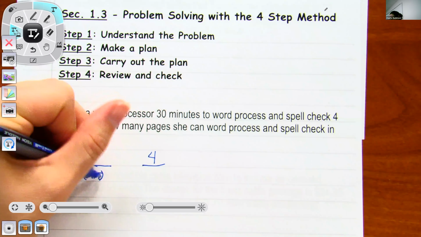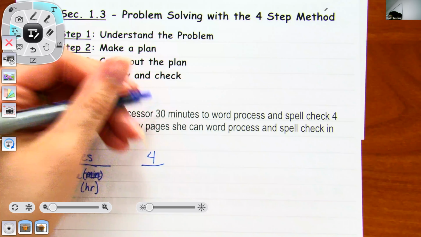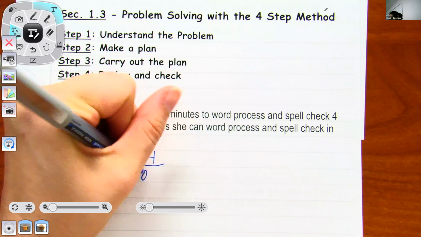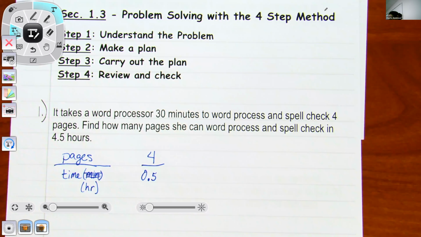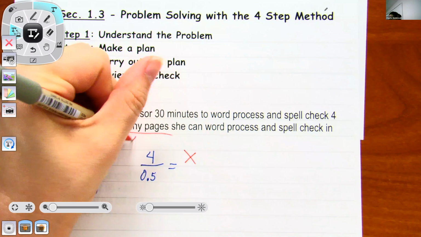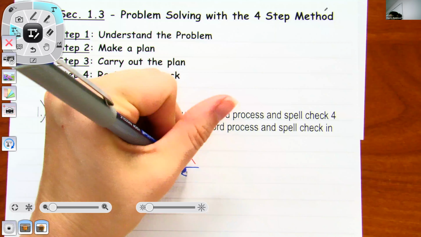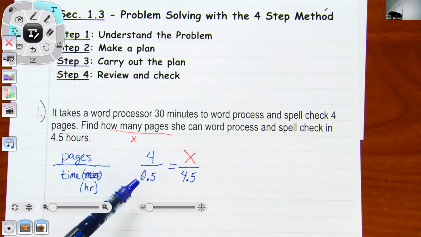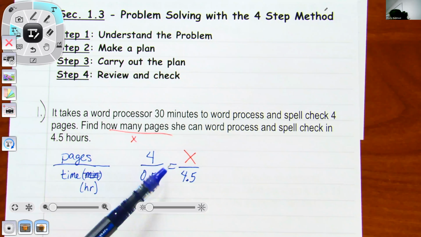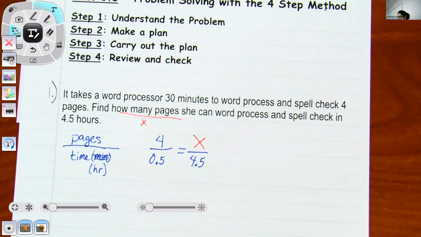Because then I can say, instead of 30 minutes, I can just say 0.5 hours equals, and then how many pages? So that would be x, the unknown number of pages that she can do in 4.5 hours. All right, so 4 pages in half an hour equals x pages in 4.5 hours. All right, so that's our proportion, that's our equation that we need to solve.